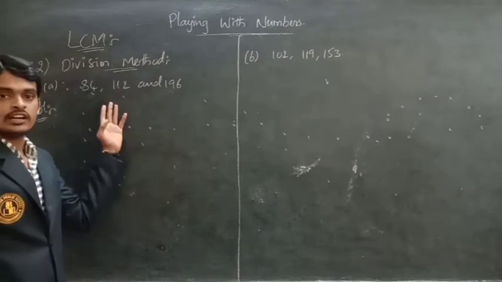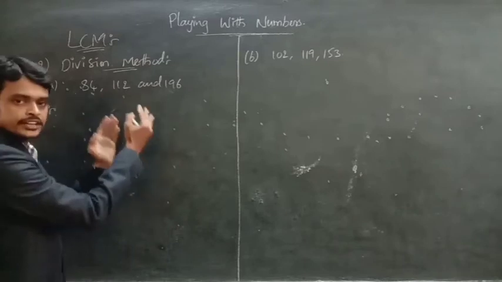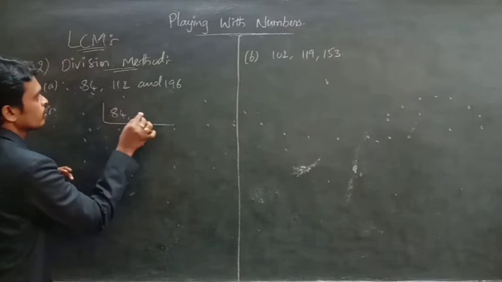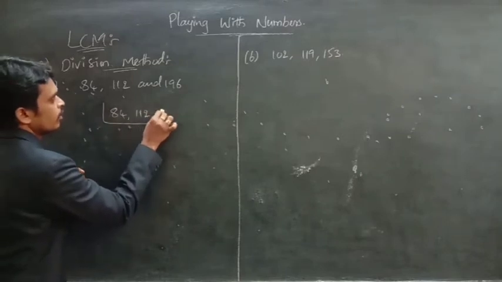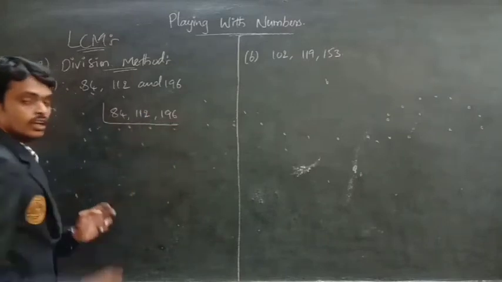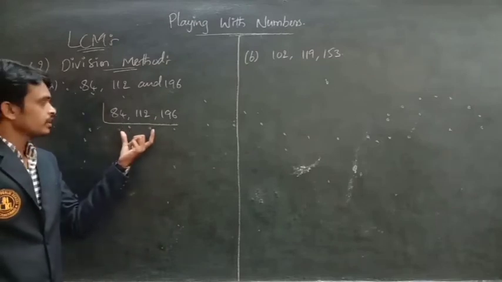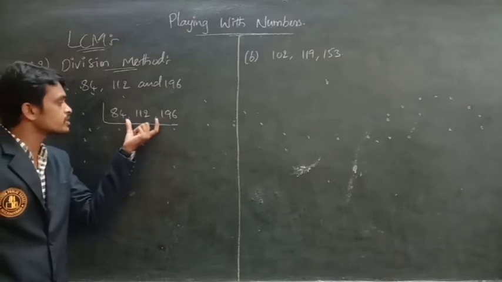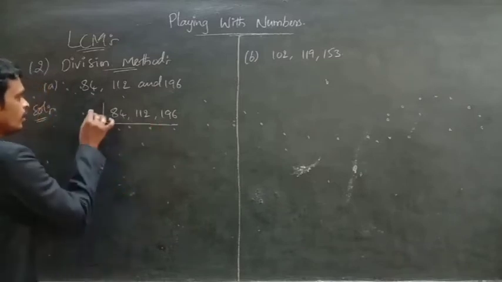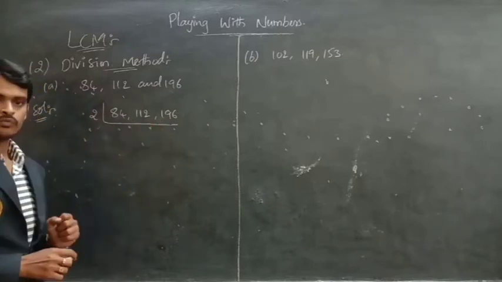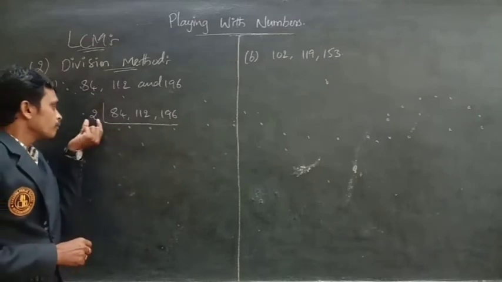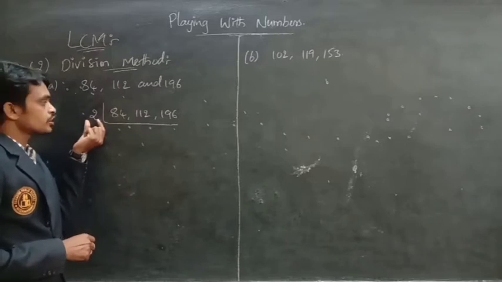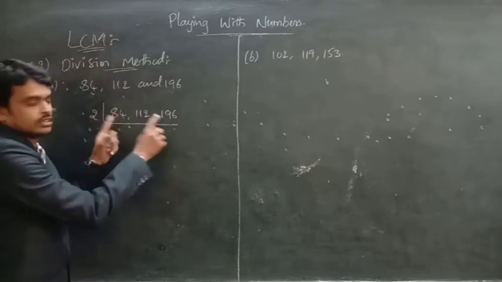In the division method, we write these numbers at a time: 84, 112, 196. While dividing with a number, it should divide at least two numbers.